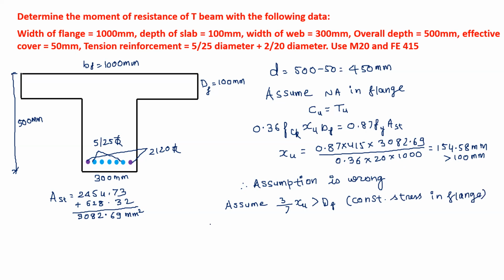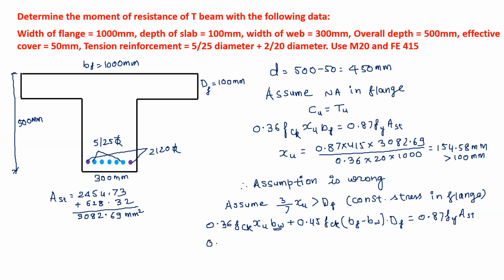And then we have the formula 0.36 FCK XU BW plus constant stress 0.45 FCK in bracket width we have BF minus BW, because BW is already considered, into DF, depth of flange, which is equal to 0.87 FY AST. You calculate 0.87 FY AST here only and use that value everywhere.